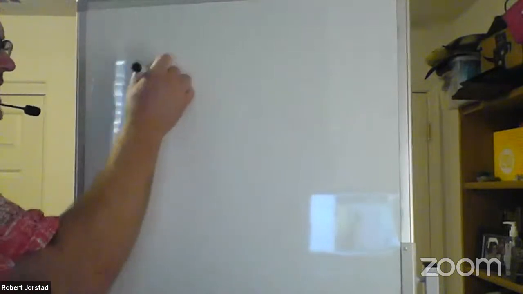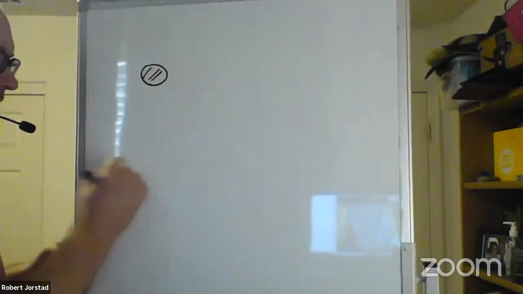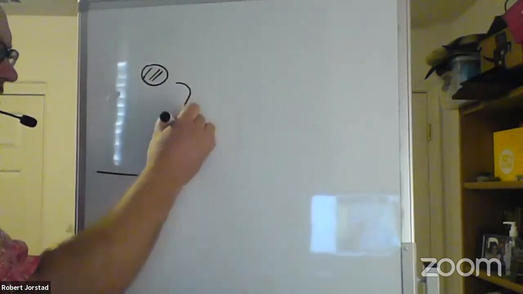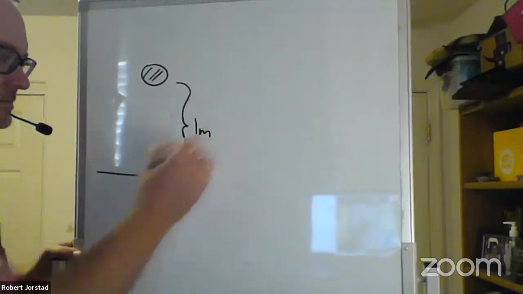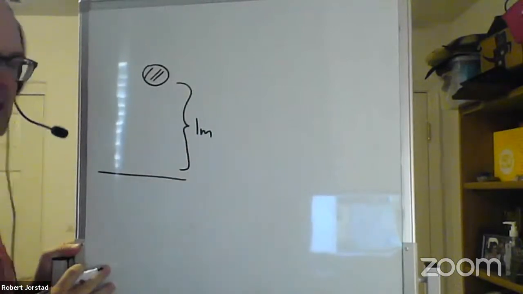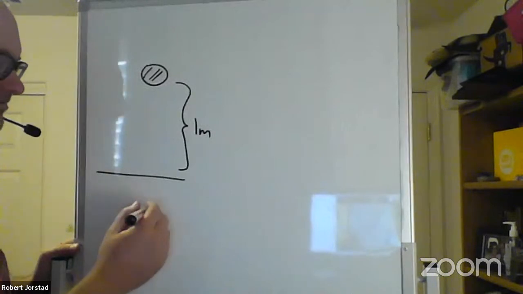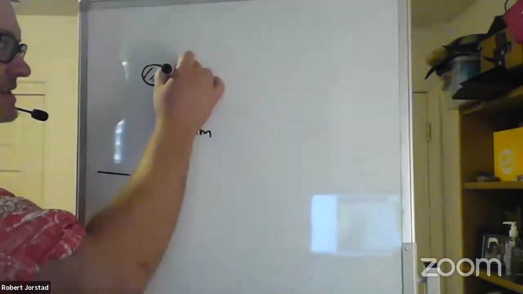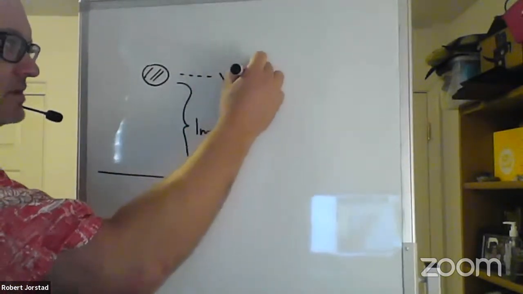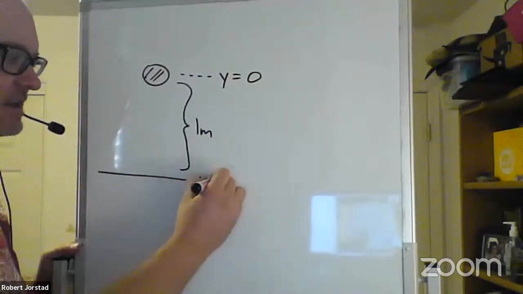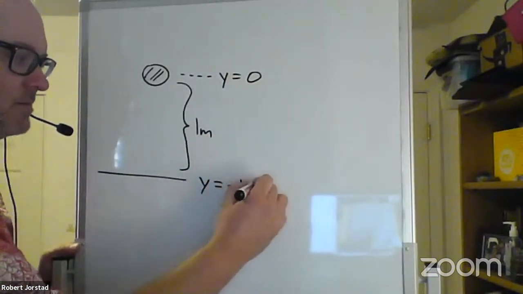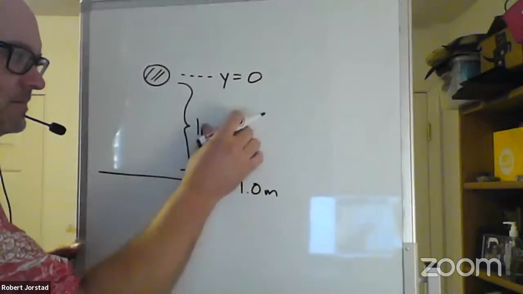For example, let's say I have a ball here, and let's say it's 1 meter above the ground, right? And let's say I say this is y equals 0. This value would then be y equals negative 1.0 meters, let's say.